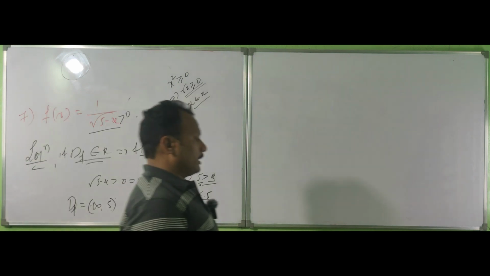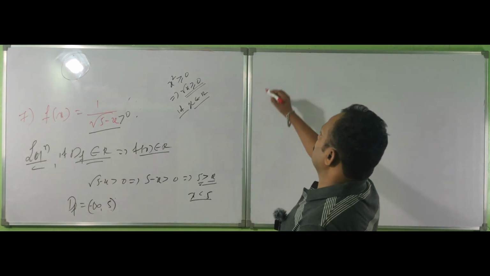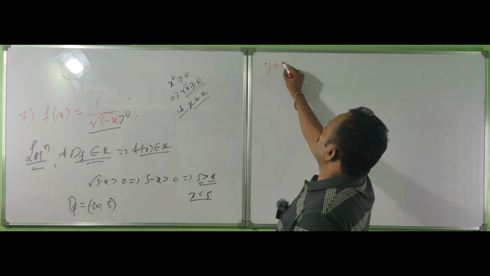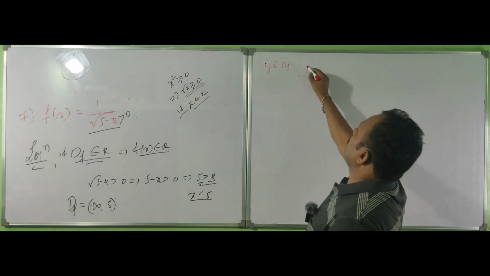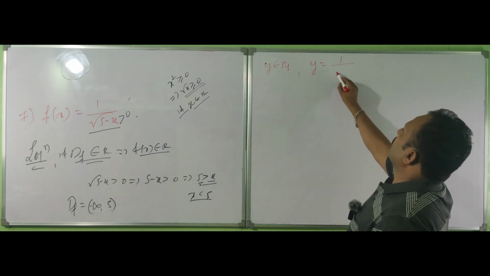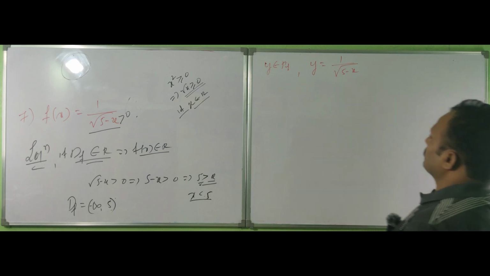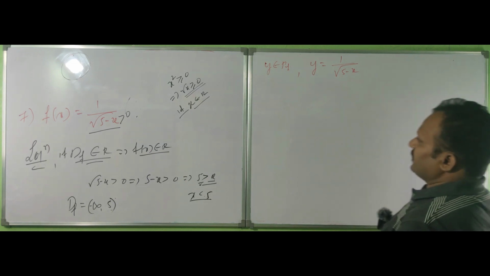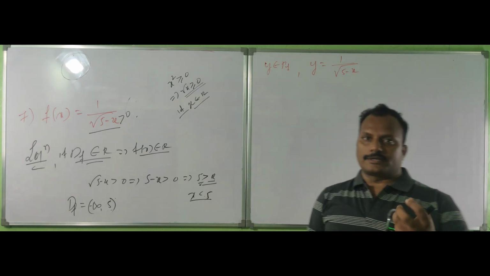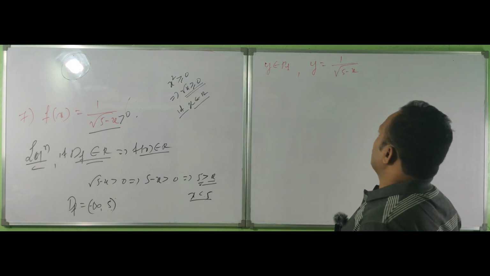Next, the range. What is the range? For range, y belongs to the range of f and y is equal to 1 over root of 5 minus x. We find y as a function of x, then we should find x as a function of y.